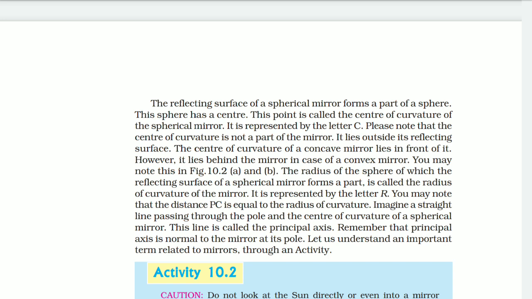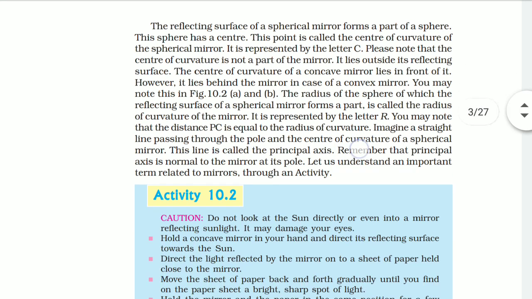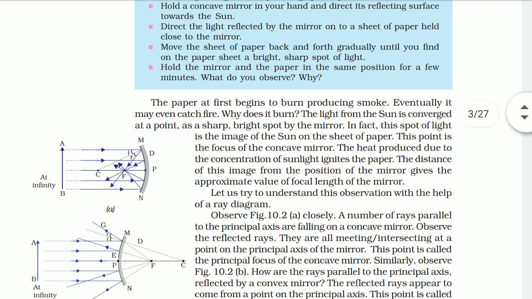Let us understand the important terms related to mirrors through an activity. If you draw a line from the center of curvature to the pole, this line is known as the principal axis. Now take a paper; at first it begins to burn, producing smoke. Eventually it may catch fire.